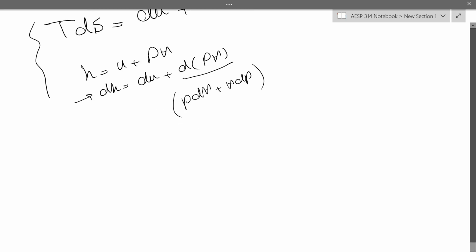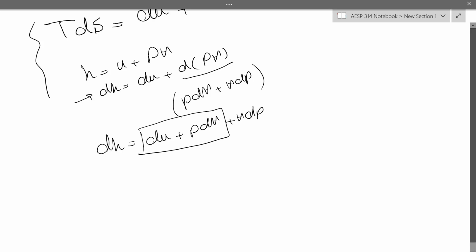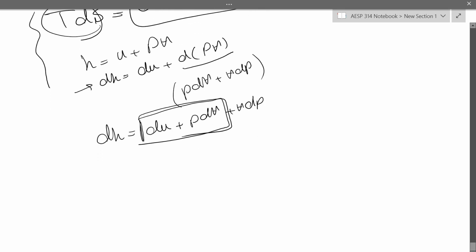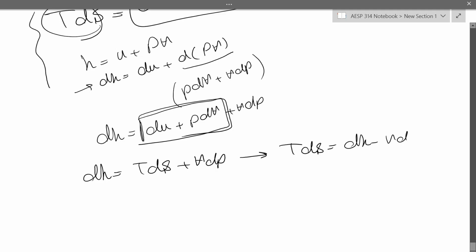Okay, so let's put that here. dH is equal to dU plus PdV plus VdP. And we can actually see that these two are the same, so we can replace this with TdS. So dH is equal to TdS plus VdP, or we can rewrite it as TdS equals dH minus VdP.